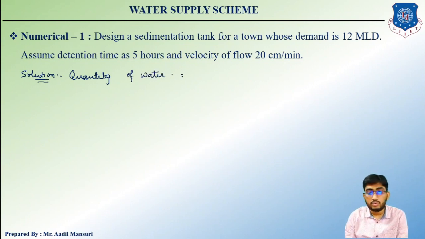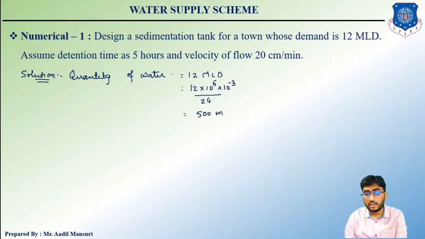Quantity of water given is 12 MLD, so this will be equal to 12 into 10 to the power 6 liters into 10 to the power minus 3 for converting into meter cube, and dividing by 24. So this will be equal to 500 meter cube per hour. So the quantity of water to be supplied per hour will be 500 meter cube.